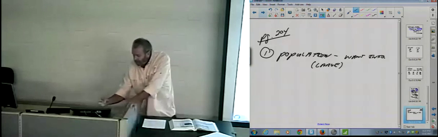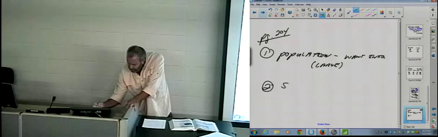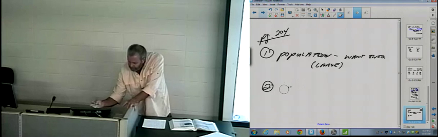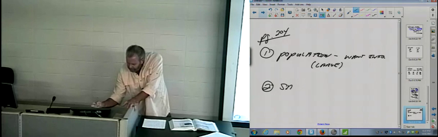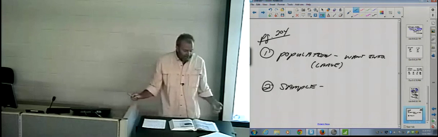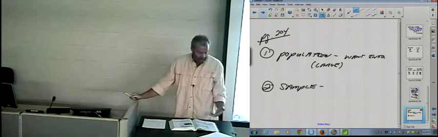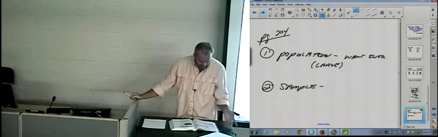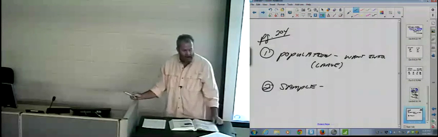2, your sample. It says the sample is the part of the population for which we actually collect the information. We use the sample to draw conclusions about the entire population.